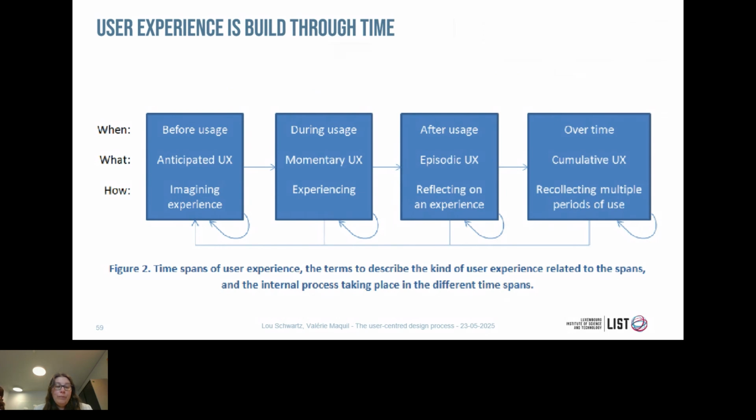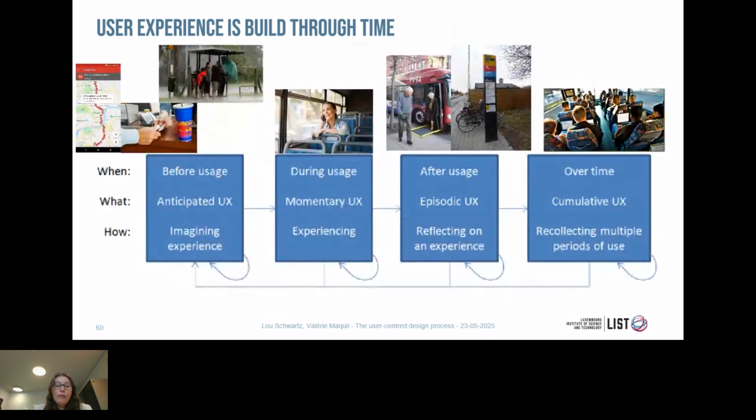For example, to meet the need to travel from point A to point B in a city, we can use a bus. The user experience of this bus then begins when the user considers taking the bus, that is, when they inquire about routes and schedules, when they are buying tickets, and when they wait for the bus.